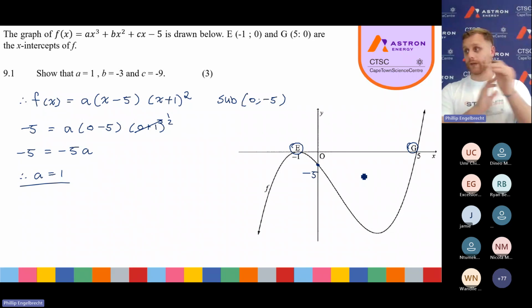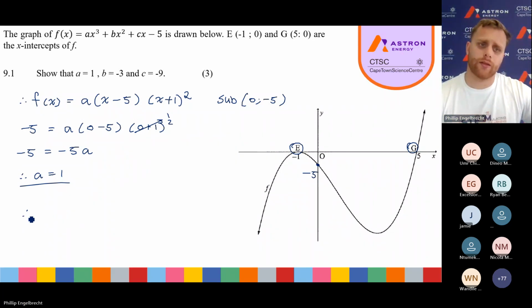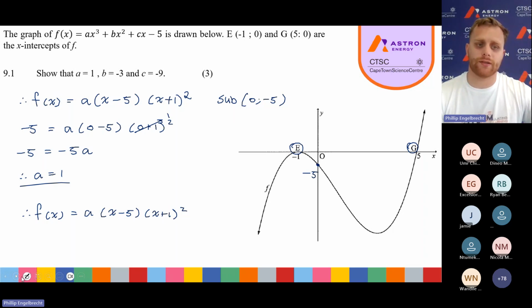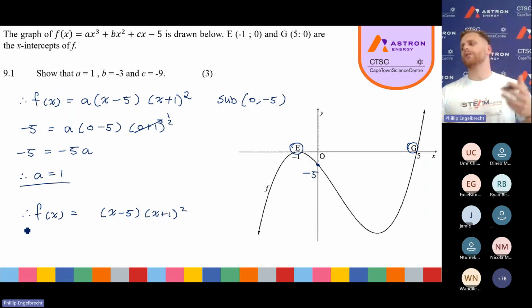Bam. Okay, done. So that therefore means f of x is equal to a times x minus 5 times x plus 1 squared, and we know that a is equal to 1. So f of x is just equal to that. And now, guys, all you need to do is multiply your brackets out. That's all you need to do.